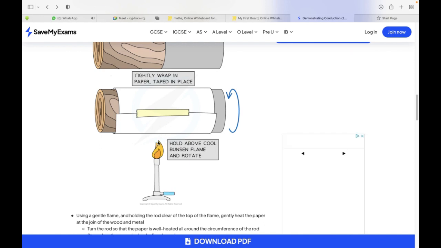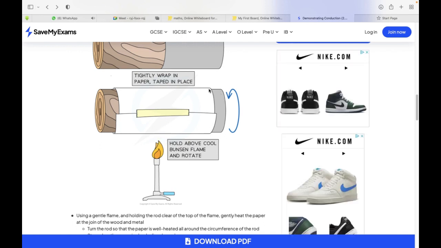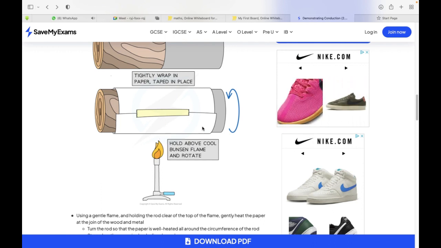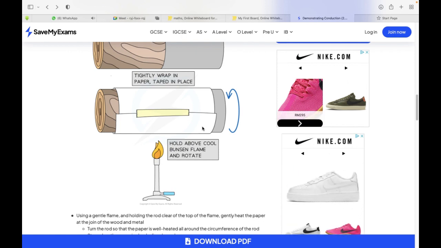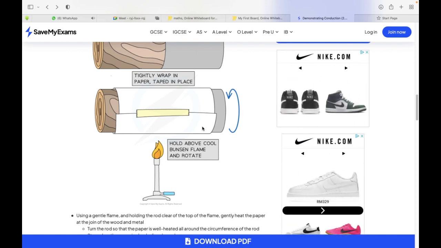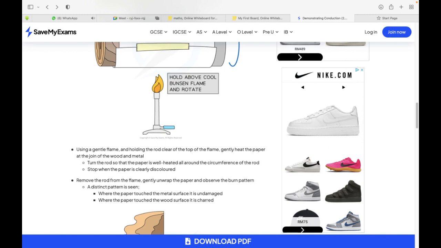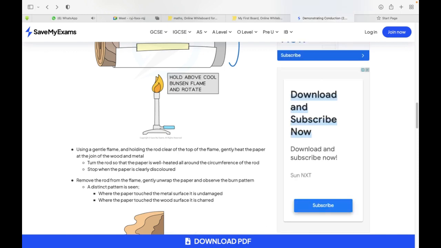We rotate it so that the heat is given to every part of the circumference of this cylinder. Then we watch out for the outcome. We stop when the paper is clearly discolored.